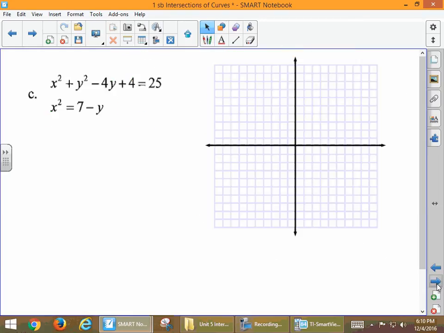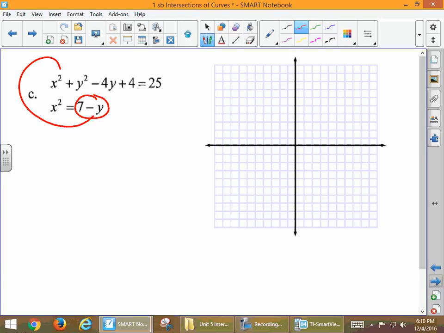As we finish here, I actually used substitution on this problem as well. A little bit different from maybe what you did, but it says x squared equals 7 minus y. I took this value of 7 minus y and put it back into the other equation where we see x. So this is 7 minus y squared.